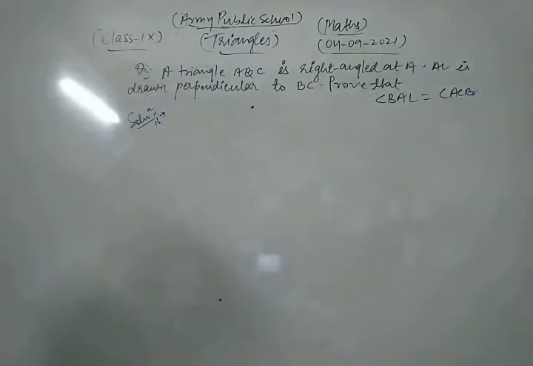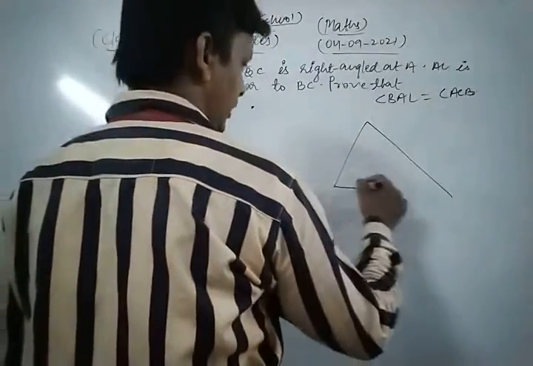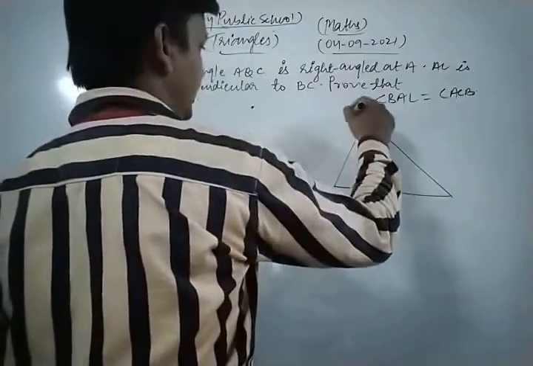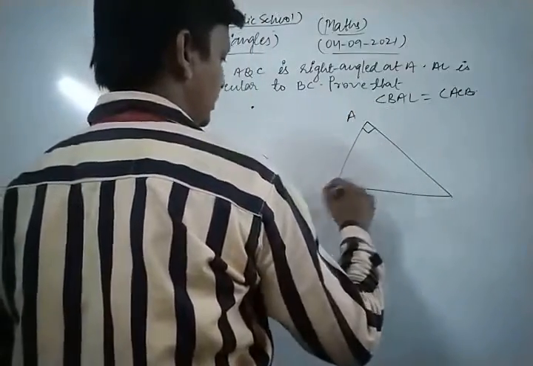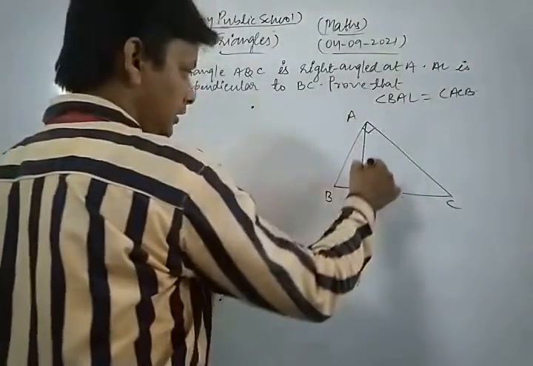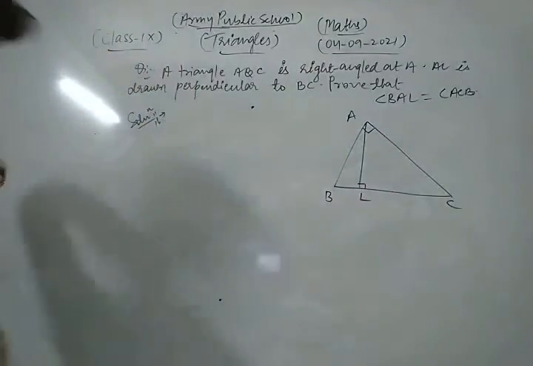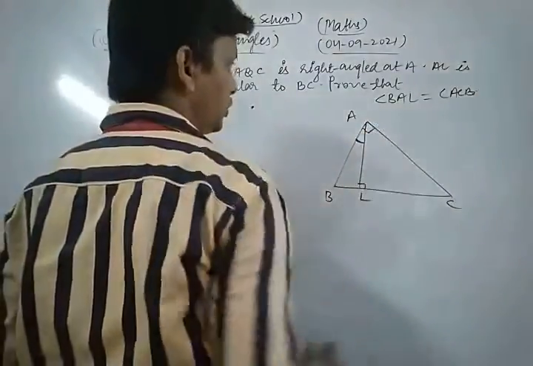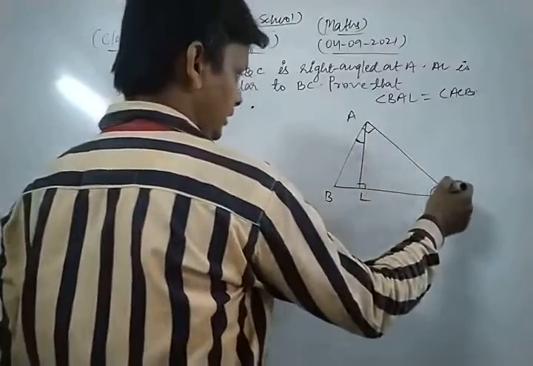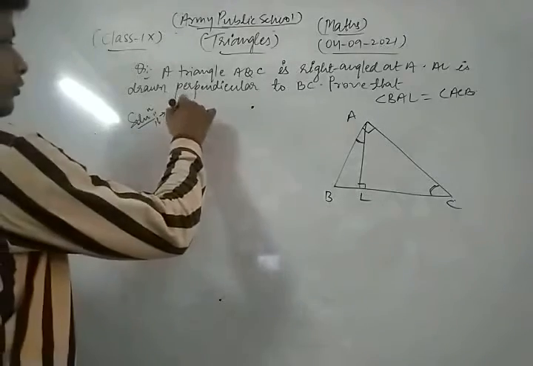Now look, dear students, first of all, we draw a right angle triangle ABC, right angle at A, and AL is drawn perpendicular to BC. Now we have to show that angle BAL is equal to angle ACB. For that, first we take triangle ABL, after that triangle ABC.